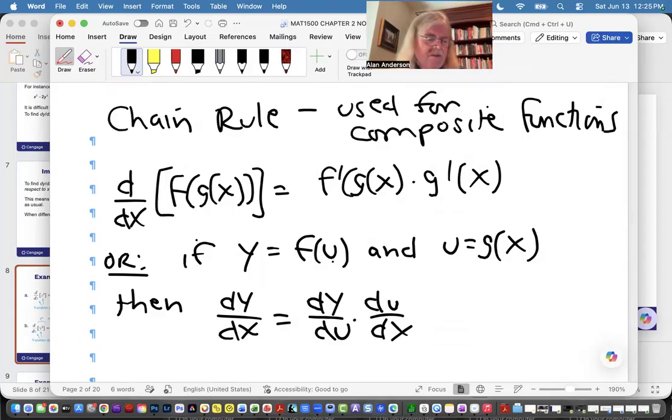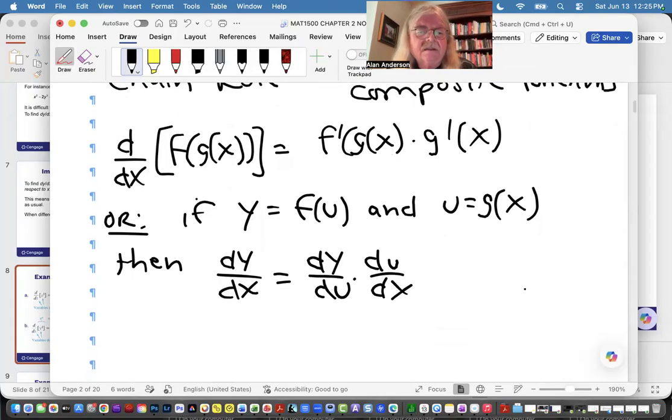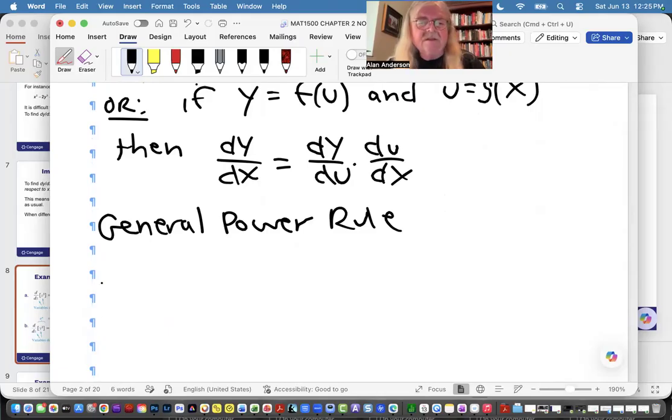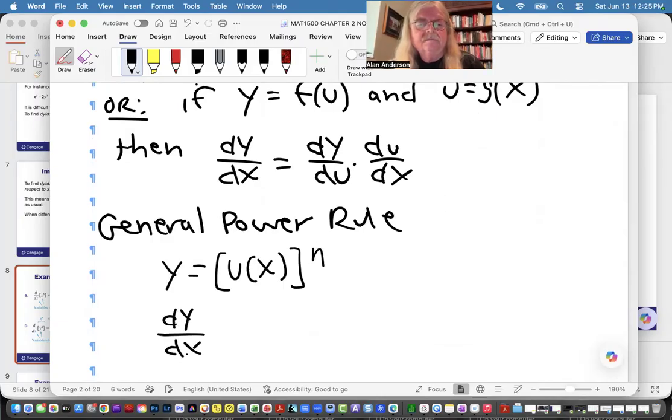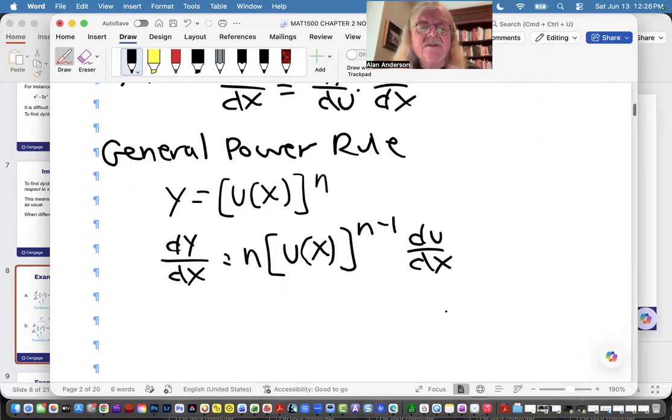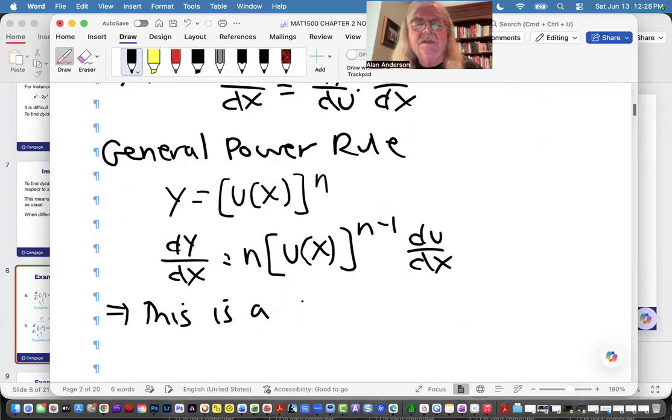It's the same rule. And then we also have this general power rule that we went over. What's interesting about this rule is that if you start here, you can think of this as a special case of the chain rule.